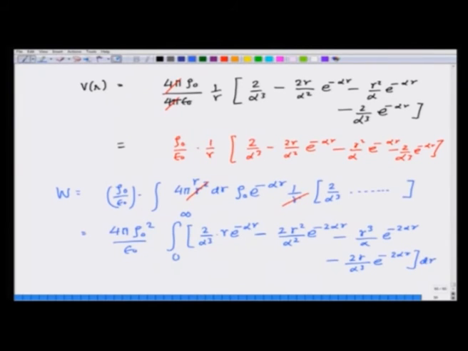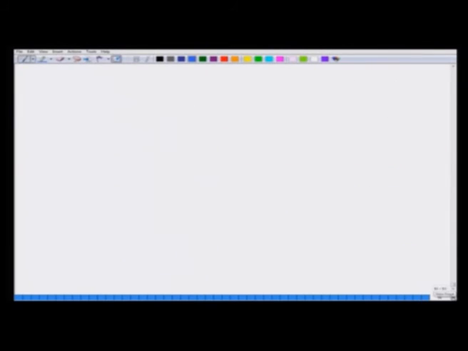from 0 to infinity. Now, we are going to use the result that the integral from 0 to infinity of r raised to n e raised to minus alpha r dr is equal to n factorial over alpha raised to n plus 1, and that when applied to, let me write this term by term, work done is equal to 4 pi rho 0 square over epsilon 0.